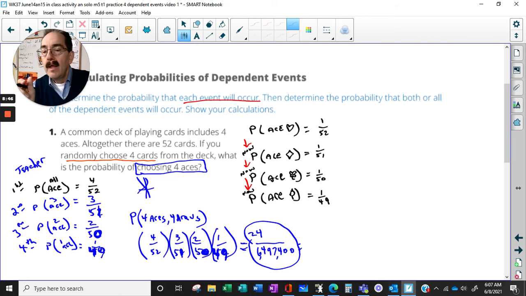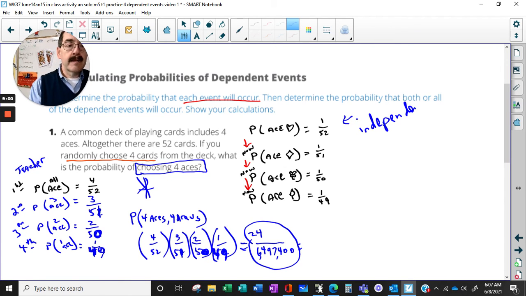Now, hopefully, you pause the video, have a discussion. This is the idea of independent. Okay? This is the whole idea of independent. If you pull 1 card, probability is 1. Then the next time, probability is 1. Probability 1.